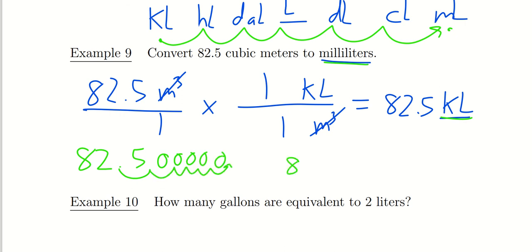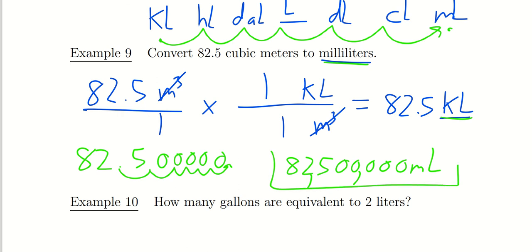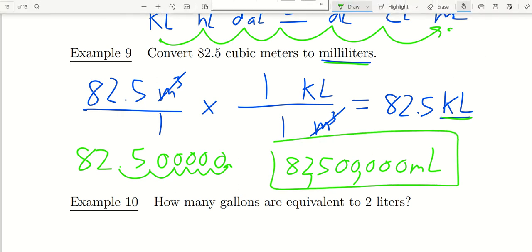So the answer to this one is going to be 825 followed by 5 zeros. And just for emphasis, maybe I'll put the commas in there. But it's equivalent to 82,500,000 milliliters.